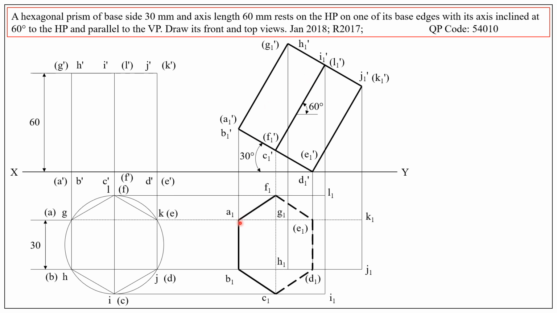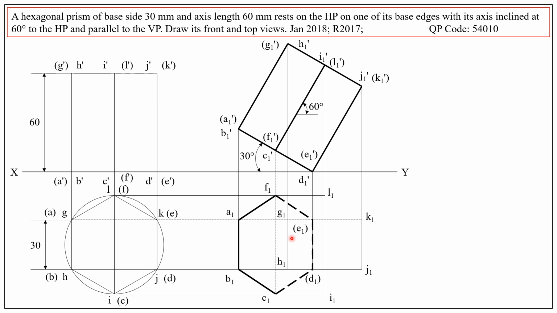So the bottom hexagon A1, B1, C1, D1, E1, F1 is drawn by joining the points in proper sequence. The sequence is A to B, B to C, C to D, D to E, E to F, and F to A.